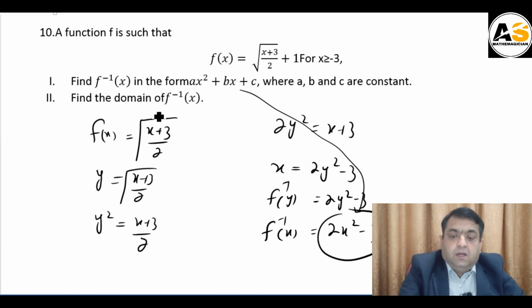Now we have to write down the domain of f inverse. What is the range of f of x? This is a square root function. Its range is 0 to infinity. For the domain of f inverse, x is greater than or equal to minus 3. For x equal to minus 3 this is 0, and its range will be from 0 to infinity.